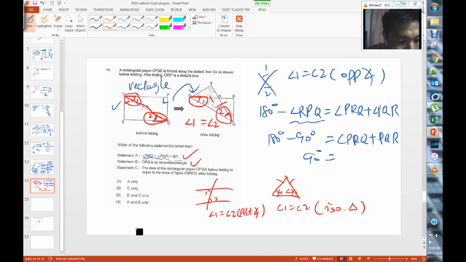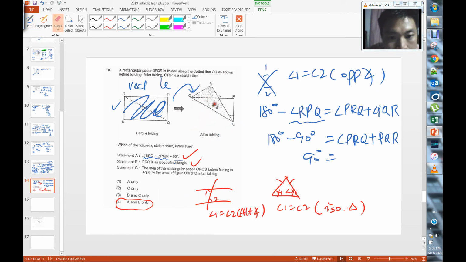So it seems like option 4 is the answer, but let's test whether C is correct or not. It says the area of the rectangular paper OPQS, which means this area, is equal to the area of this figure OSRPQ. Let's see.